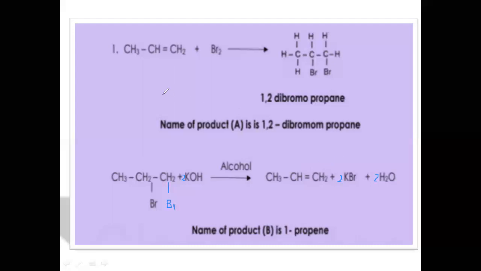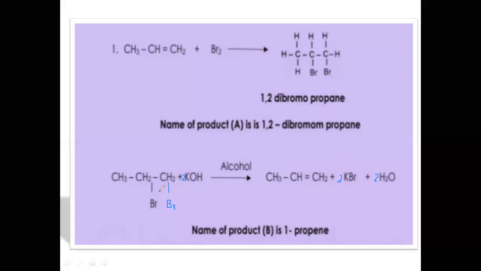So what is A? A is bromination of propene, which will give us 1,2-dibromopropane, and then this alcoholic potassium hydroxide when it reacts with this 1,2-dibromopropane, dehydrohalogenation will take place.